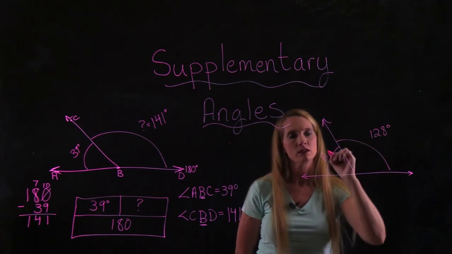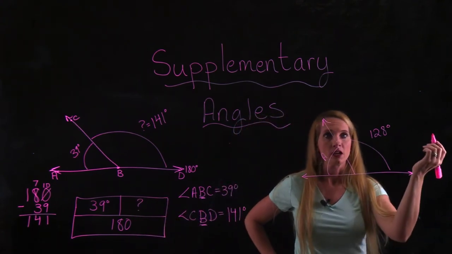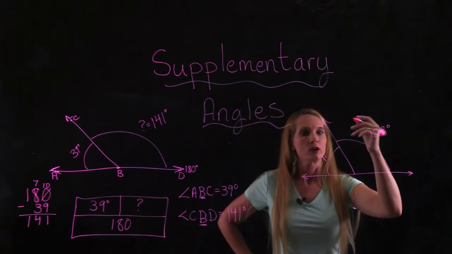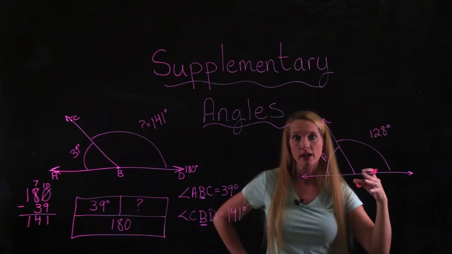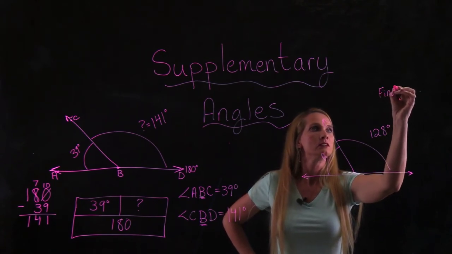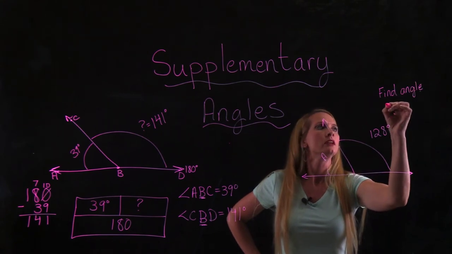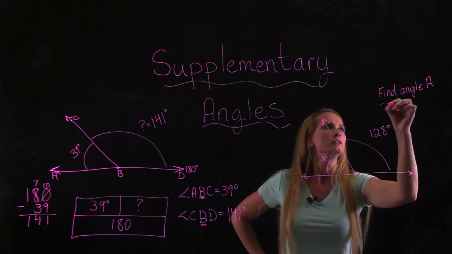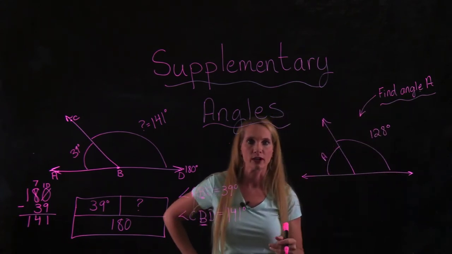And it says A, maybe B, C, D. But on your practice page, a test, something like that, it may say find angle A.